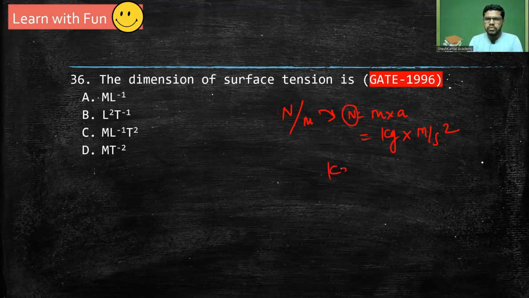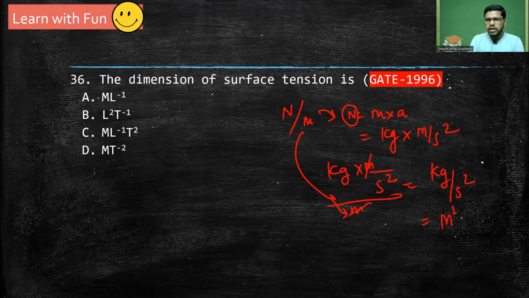Here it comes out to be kg into meter divided by second square, whole divided by meter. This meter will get cancelled, and the unit is kg per second square. So the dimensions are M to the power 1 and T to the power minus 2. So option D is the correct answer.